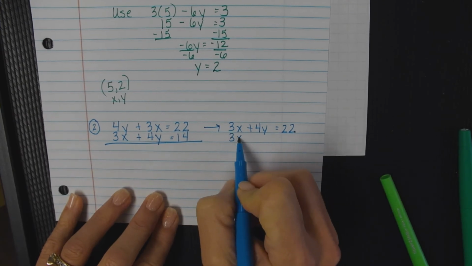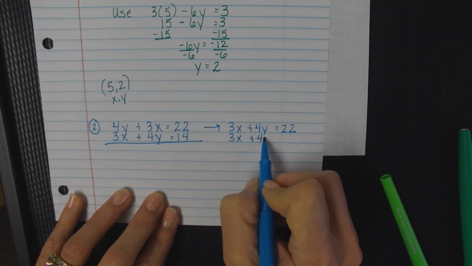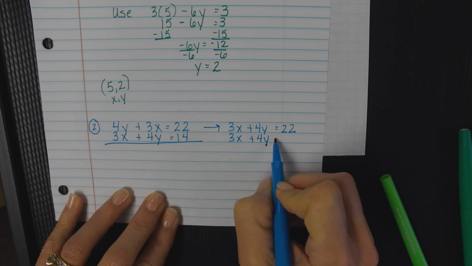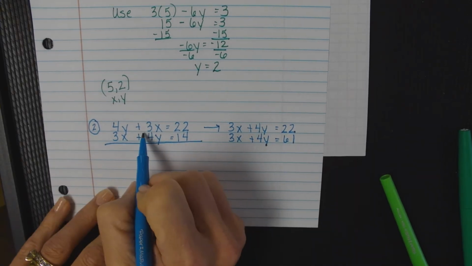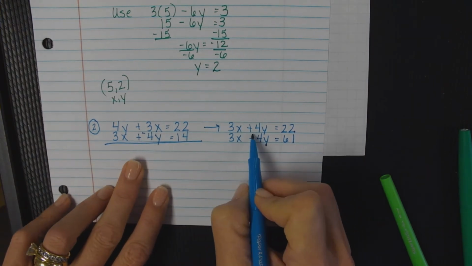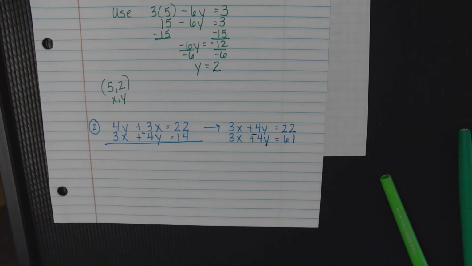I'm going to just rewrite this one just because I didn't mean to do this. I'm going to make this negative 4y. Come on, Tyler. What did I do?